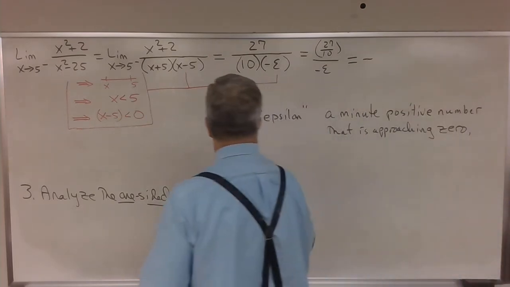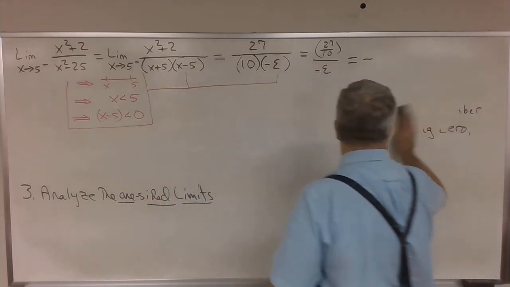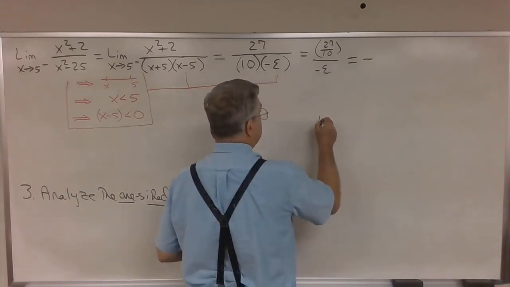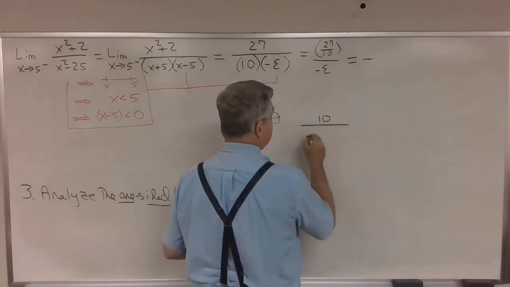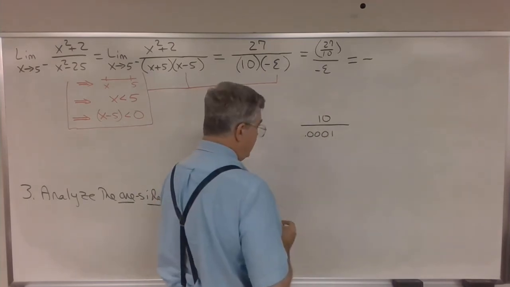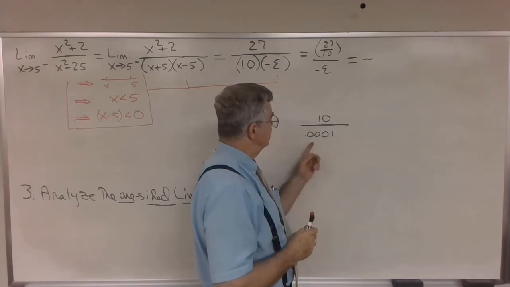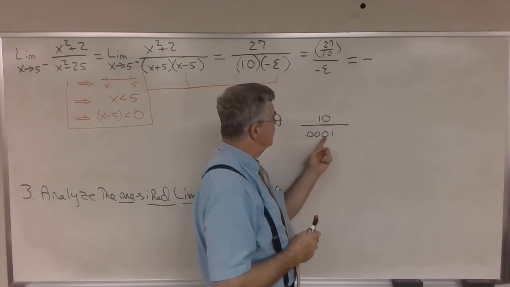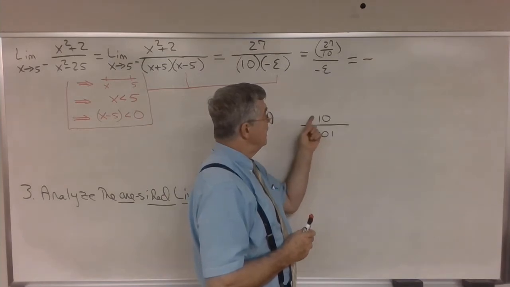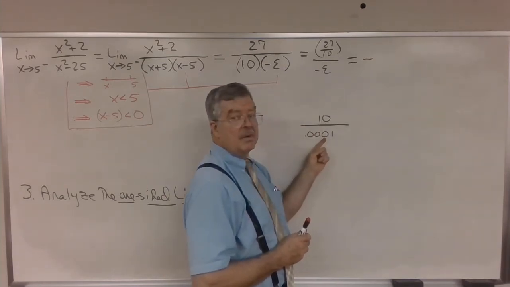Well, let's see. Let me take a big number like 10 and divide it by, let's see, tens, hundreds, thousands, 10,000s. 10 divided by 1/10,000.